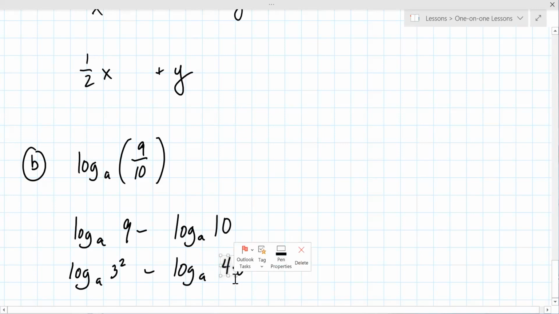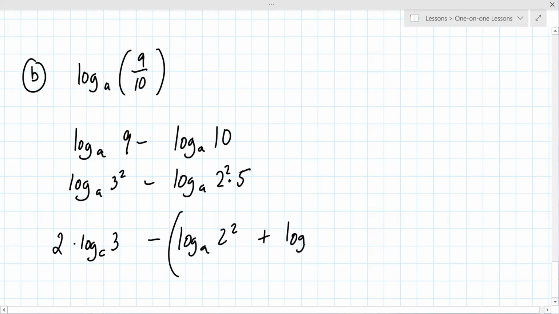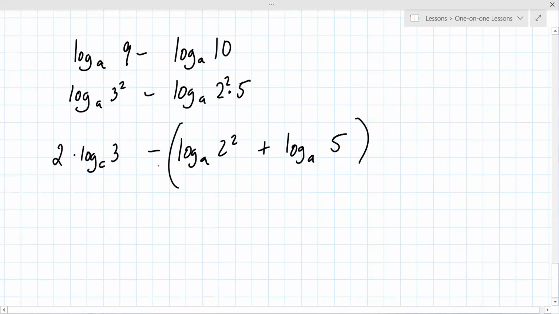So 2 times log base a of 3 minus, and this becomes log base a of 2 plus log base a of 5. And then this negative goes to both of these, and that's a common mistake you'll see, where you don't distribute the negative to both.